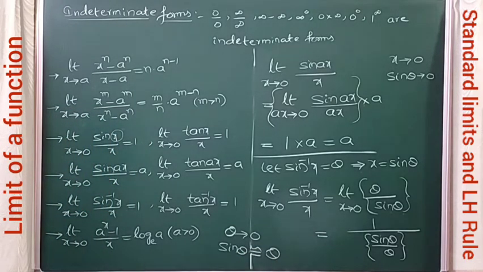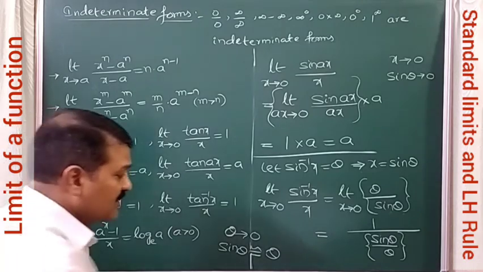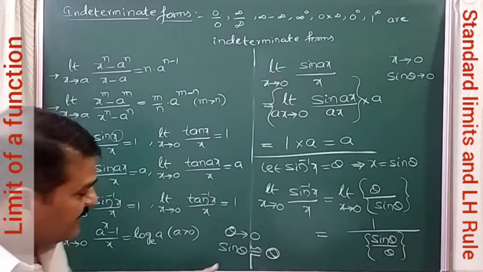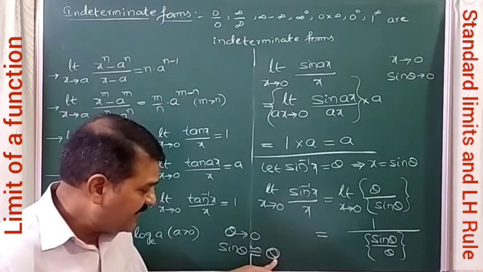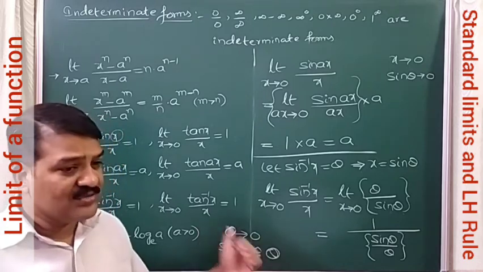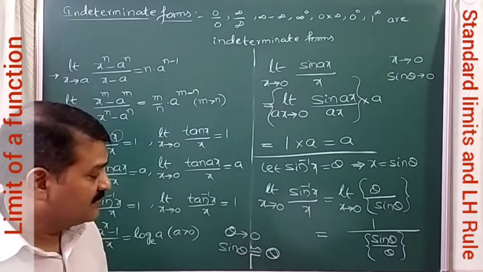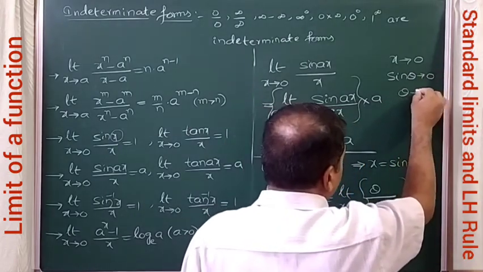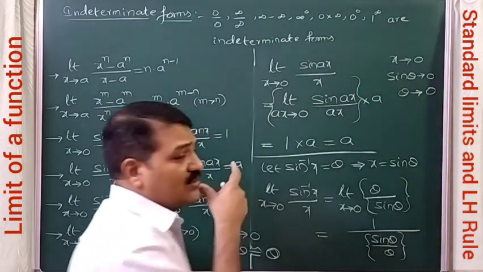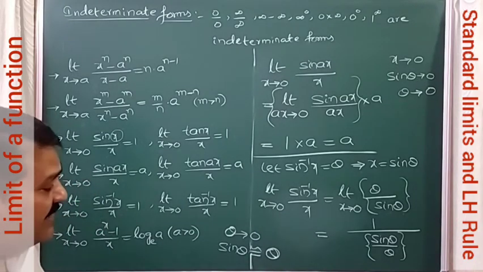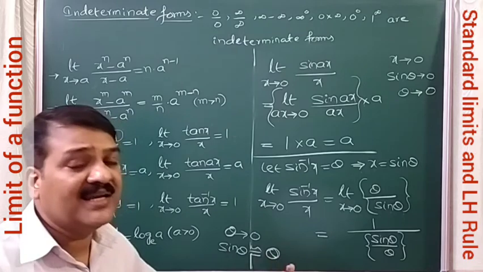So sin theta is approximately equal to theta means as theta tends to 0, sin theta also tends to 0. So therefore, when sin theta tends to 0, I can write that theta tends to 0, because as theta is approaching 0, sin theta and theta are nearly the same.